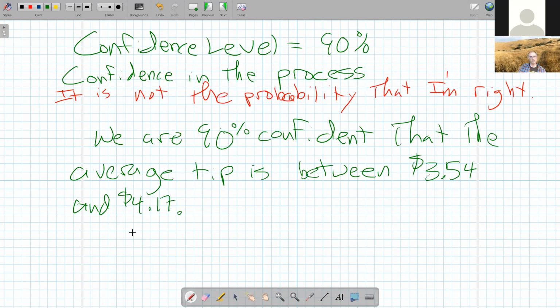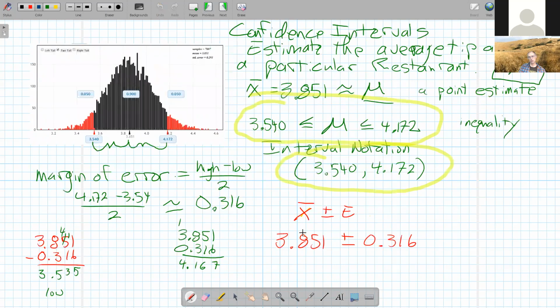Okay. Another way to state that is, so alternative approach would be, instead of writing it as an interval, to talk about the mean and the margin of error.